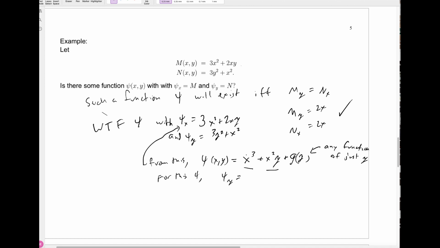The partial with respect to y of x cubed is 0. The partial with respect to y here gives us x squared. The partial with respect to y of g of y is just exactly g prime of y. So the partial derivative of this whole thing with respect to y is x squared plus g prime of y, and we need that to equal 3y squared plus x squared in order for this second equation to be true.